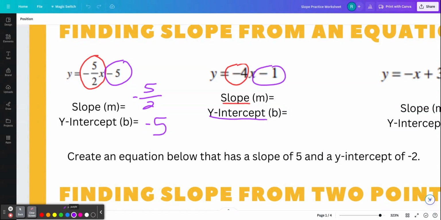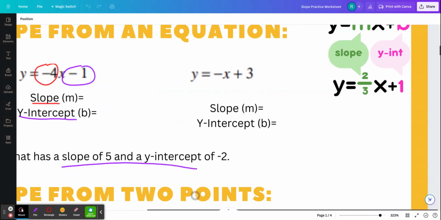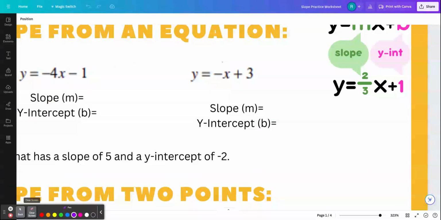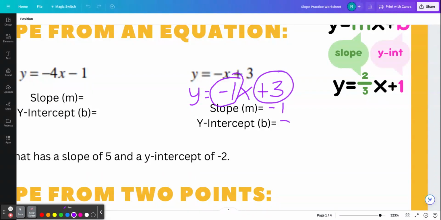Make sure you have those negatives there, okay? And then for this last one, it's a little tricky because that would technically be your slope, but there's no number there. So if it helps you, you can rewrite that as -1x plus 3. So then this would be your slope, -1, and this would be your y-intercept of 3.